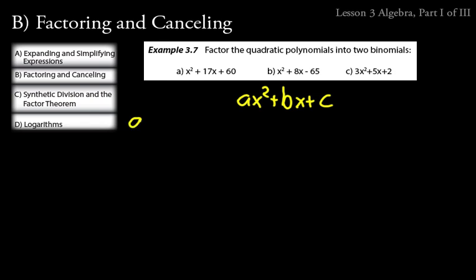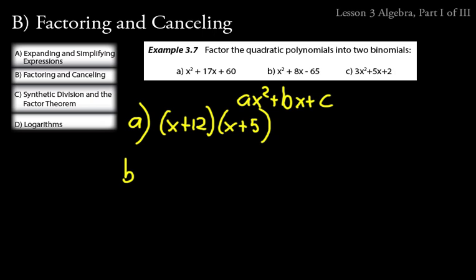For a, think about a 12 and a 5. That would work, right? So that factors into x plus 12 times x plus 5, because 12 times 5 is 60, and 12 plus 5 is 17. Order doesn't matter on those binomials. You could have written x plus 5 times x plus 12, and that's fine also.